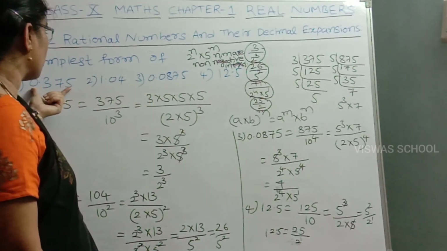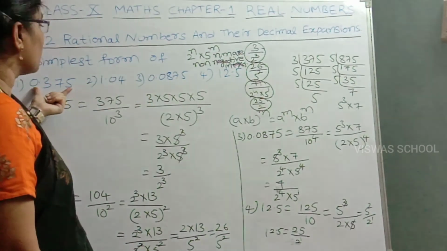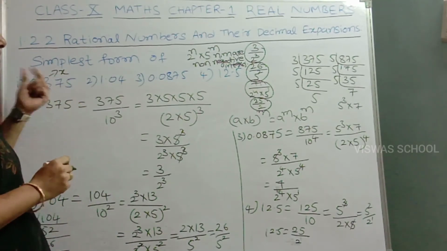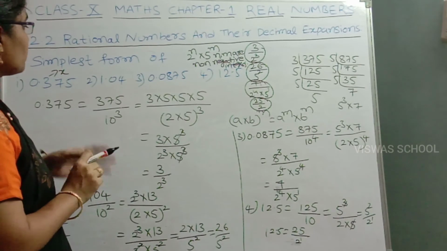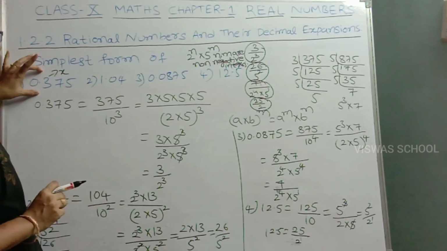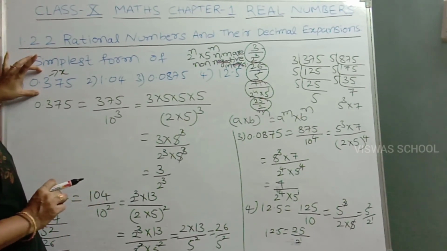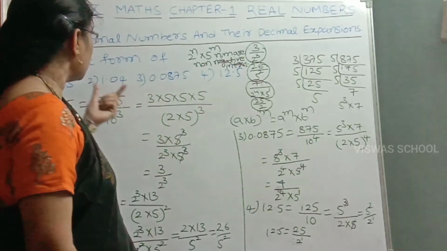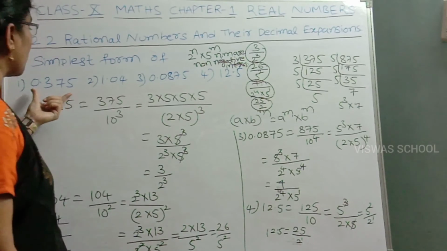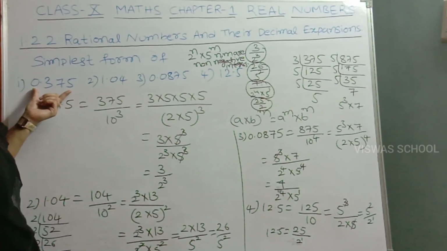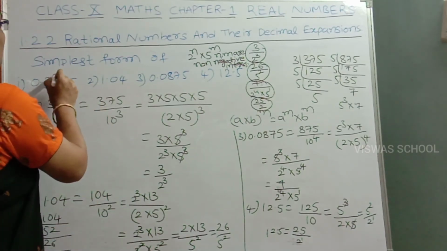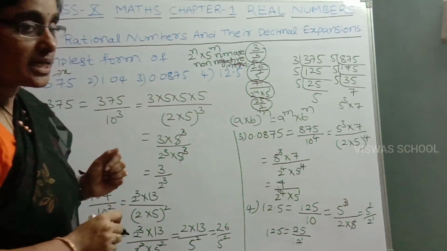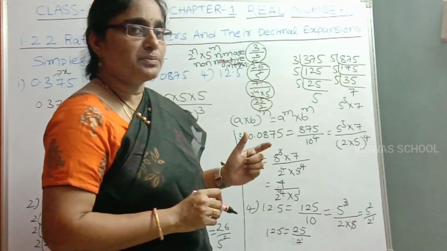It is in the form of a rational number, suppose this is x. Let x be a rational number with a terminating decimal expansion or non-terminating decimal expansion. For 0.375, it is a rational number and its decimal expansion terminates.